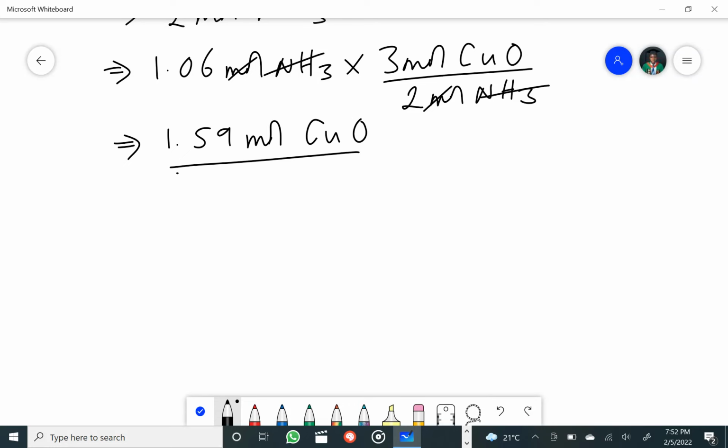Meaning the 1.06 moles of ammonia that we have needed 1.59 moles of copper 2 oxide. But what amount did we actually have? We had 1.14 moles of copper 2 oxide. So the copper 2 oxide is the limiting reagent.